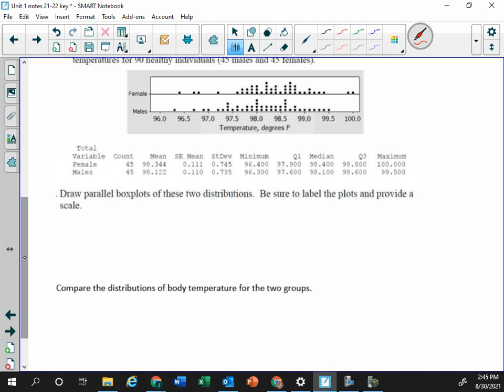So what numbers do I need to make a box plot? What'd you say? I'm sorry. The median, good. What else? There's 5 things I need. Max and min, good. Q1 and Q3. Good. Do you guys see in this little table: minimum, Q1, median, Q3, maximum.